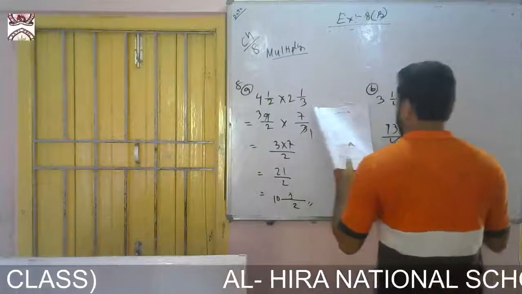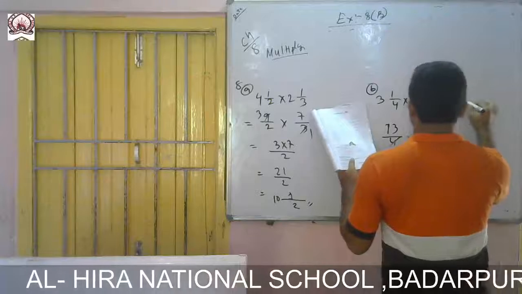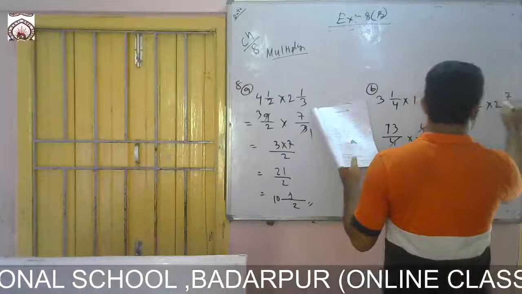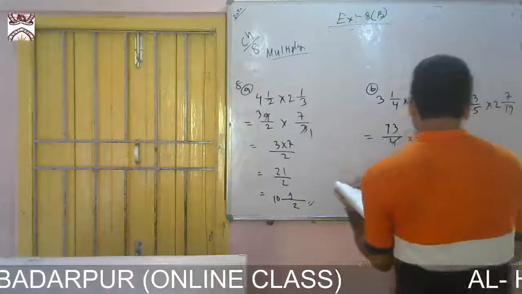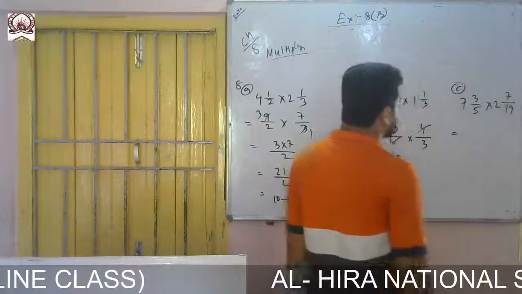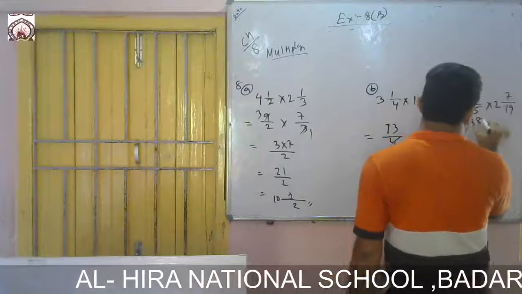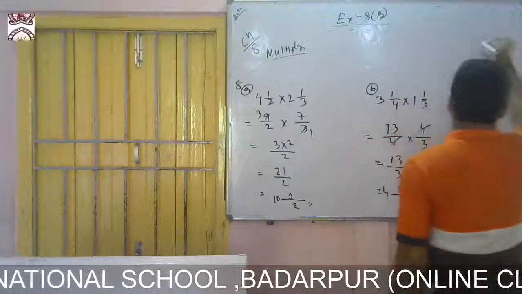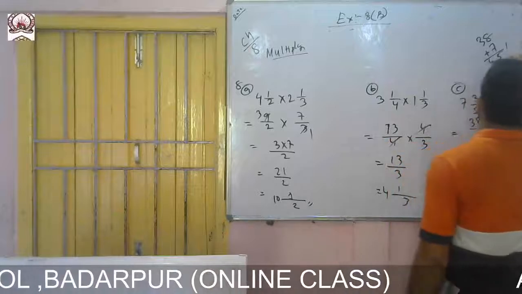Now come to question number C. So question number C, what is there? 7 3 by 5 into 2 7 by 19. Okay. So it is what? 3 5 jar 5 7 jar 35. So 35 36 37 38. 38 by 5 into 19. 2 jar 38, 38 plus 7, 45.